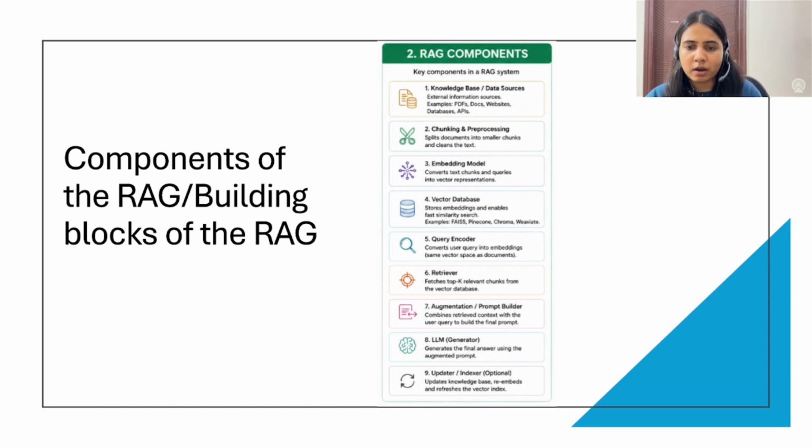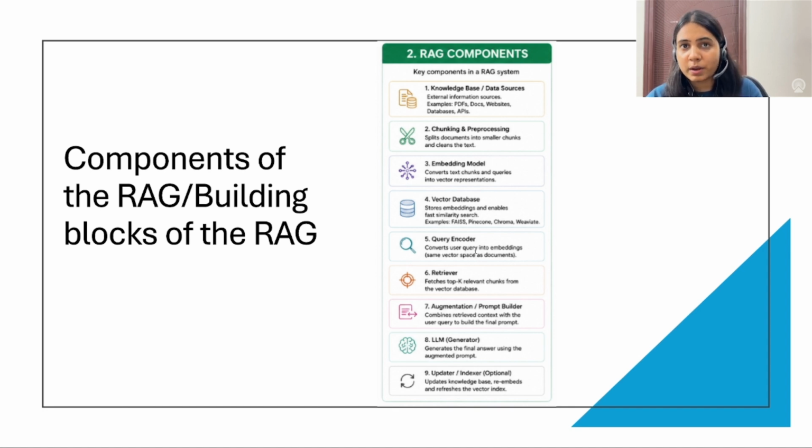Now we'll go for the query encoder. When the user asks a question, that is the query. Whatever we ask these models is the query, and the query is also converted into an embedding vector. Whatever embedding model we used for the PDF conversion, we use the same for the query conversion as well. For example, what is the leave policy?